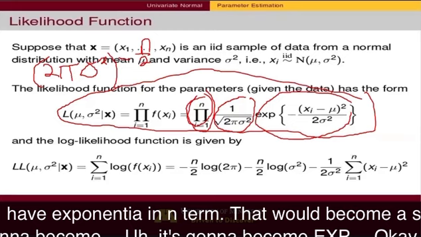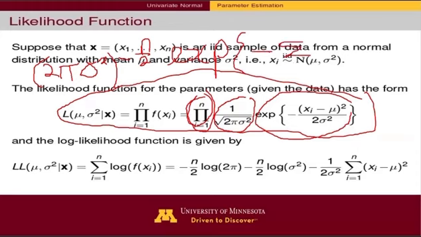So this is now going to become exp of minus, then a summation with i from 1 to n, of the whole of this: xi minus mu divided by sigma, all squared. Do you see what I have now?